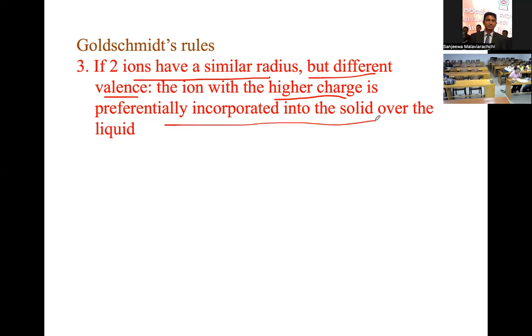Okay, so these are the three rules. You have to be careful about this because when you are talking about the fractionation, all the trace elements will fractionate according to these three rules. So it's a matter of calculating the proportions available before melting and after melting.